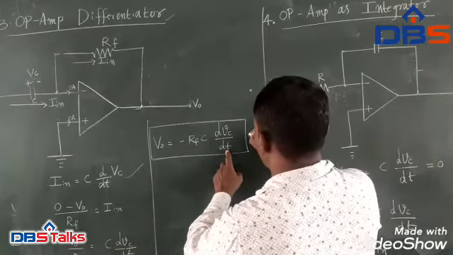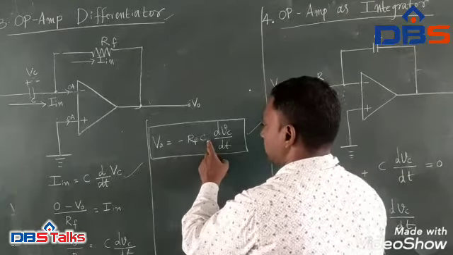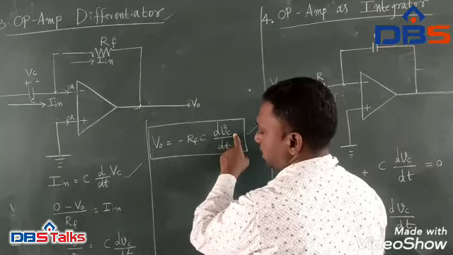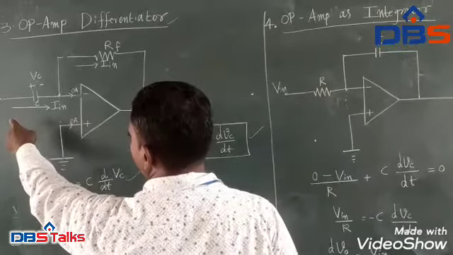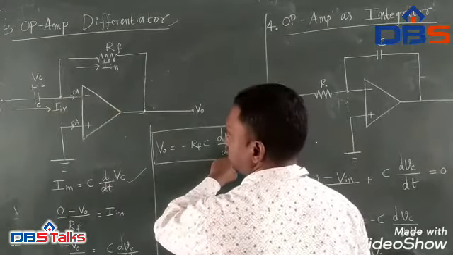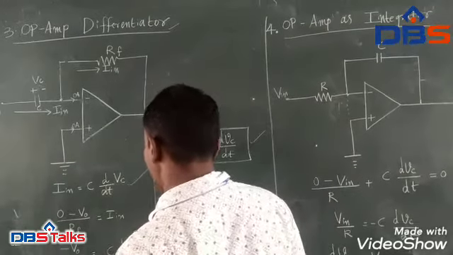Here we can observe that the output voltage V0 is directly proportional to the derivative of the input voltage. Vc is nothing but the capacitor voltage, and it is Vin only.